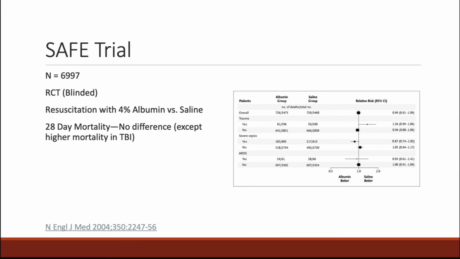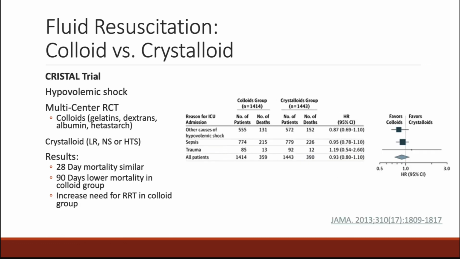You'll see there's no statistical difference between those groups. They both cross right over the relative risk line. So really no difference, although there was higher mortality in TBI. So the mortality with albumin was higher in patients with traumatic brain injury.